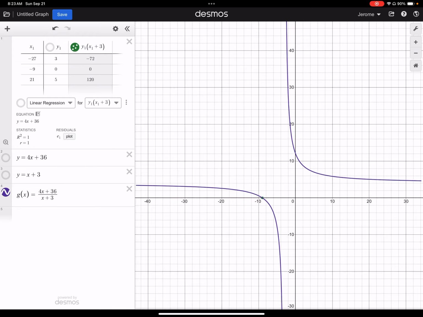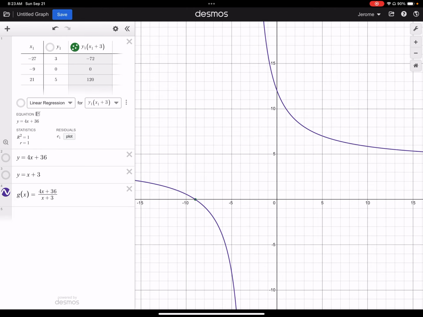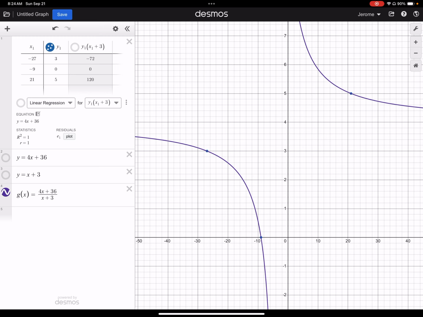Here is the graph in question, and I will show you something pretty spectacular. Let's hide these points, and show the original points, and see if we can zoom so we can see them. Notice that all three of the points they gave us are perfectly on this rational function.